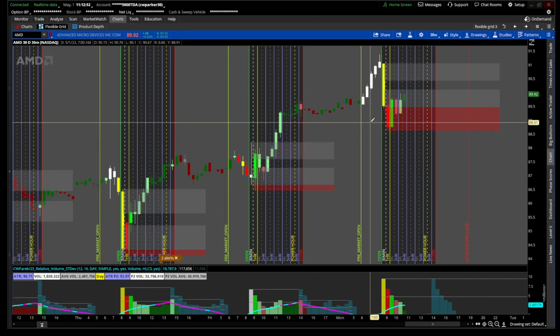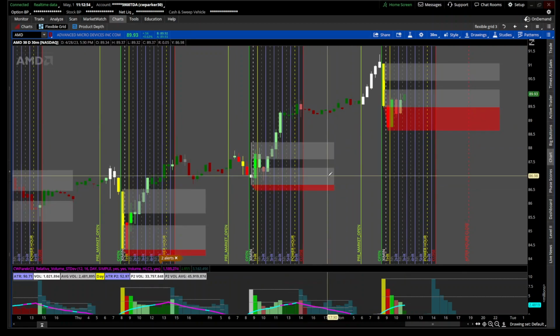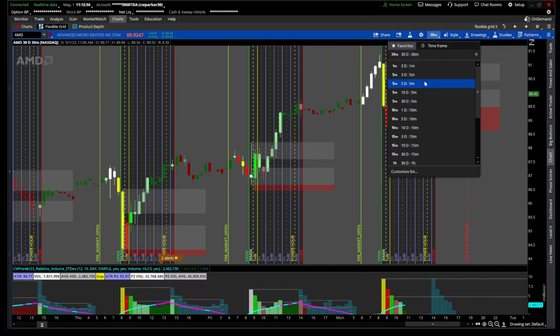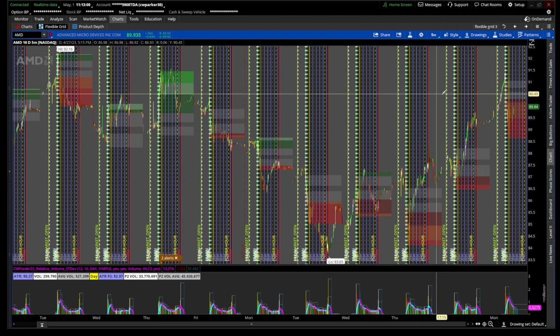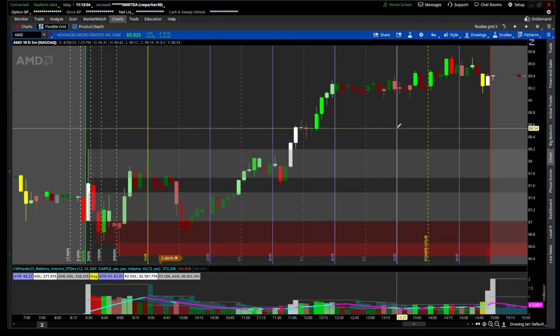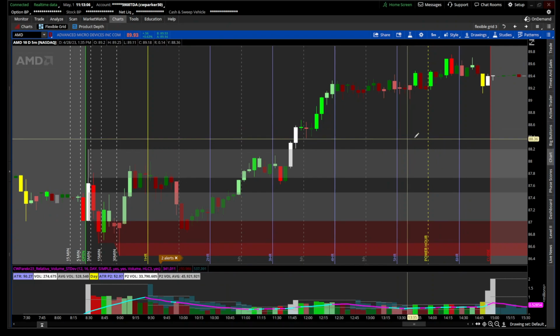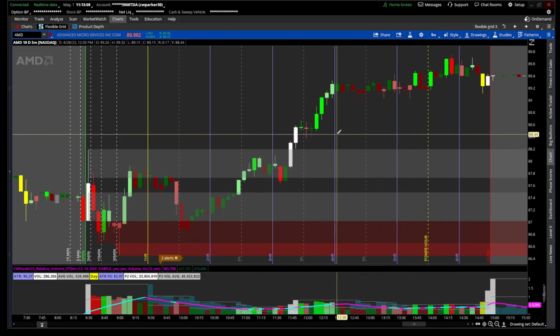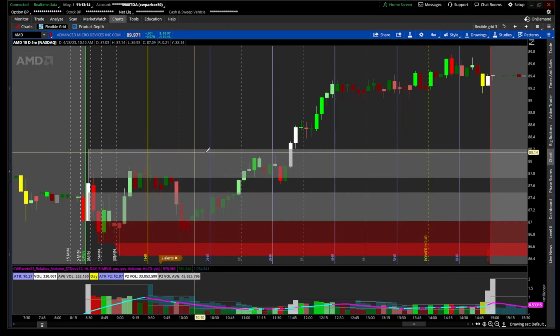So this indicator is pretty helpful. It's handy. So if you're a time-based trader and you're looking for different moves within those time periods, or you're just looking for these time periods, like when an hour's gone by or 30 minutes gone by, where's the stock at?